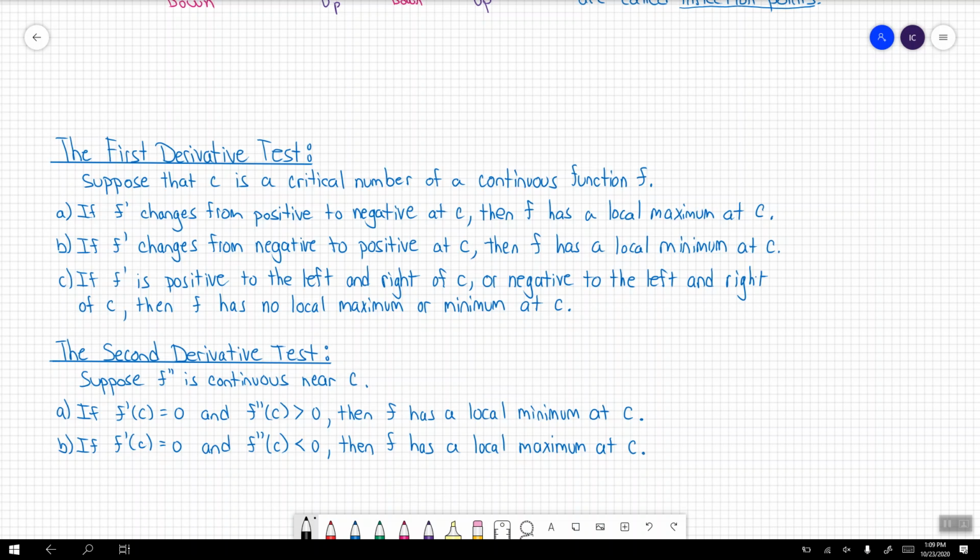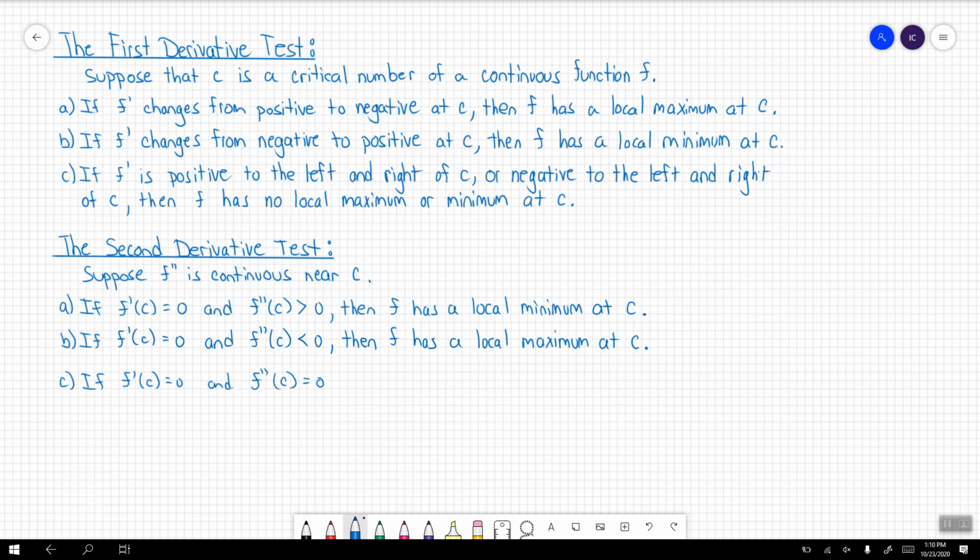And we also have one more item. Part C. If you found that critical number, and when you're using the second derivative test, the second derivative test produces 0 or produces that the value does not exist, then the second derivative test fails.